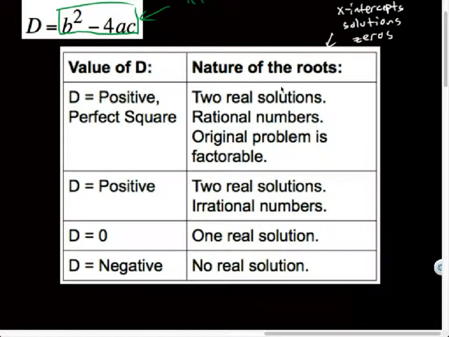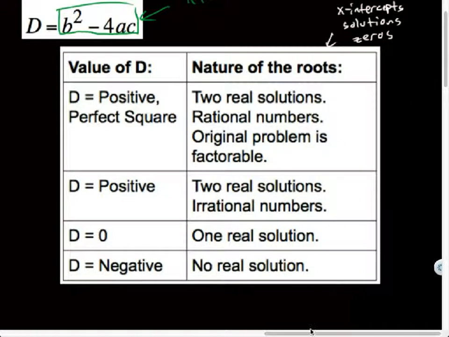So right there, that's good stuff. Two real solutions. And not only that, if it's a perfect square, so if D is equal to 64 or 121 or 256 or 1024 or 4, there we go, then it tells me that my answers are going to be rational numbers.